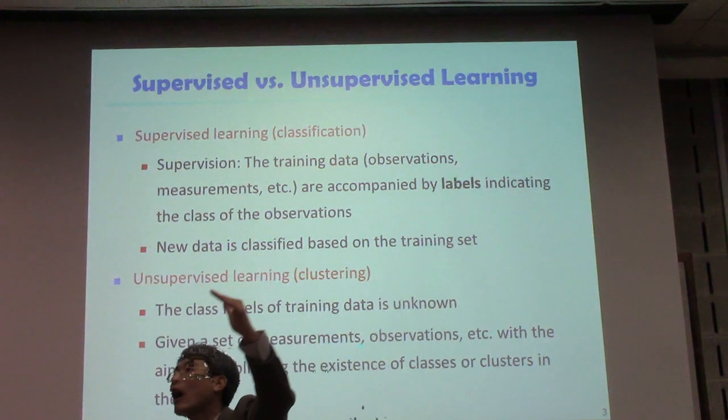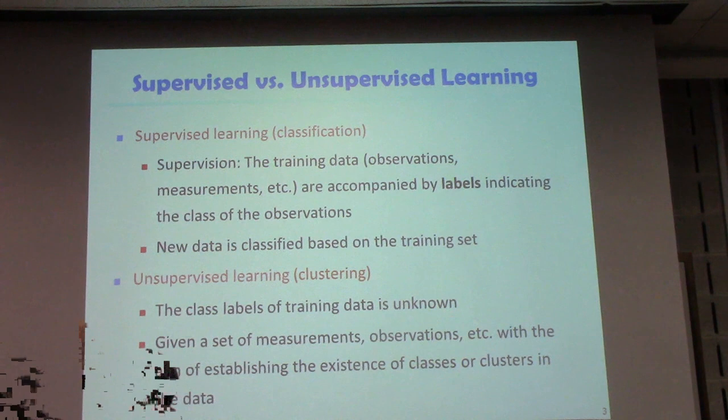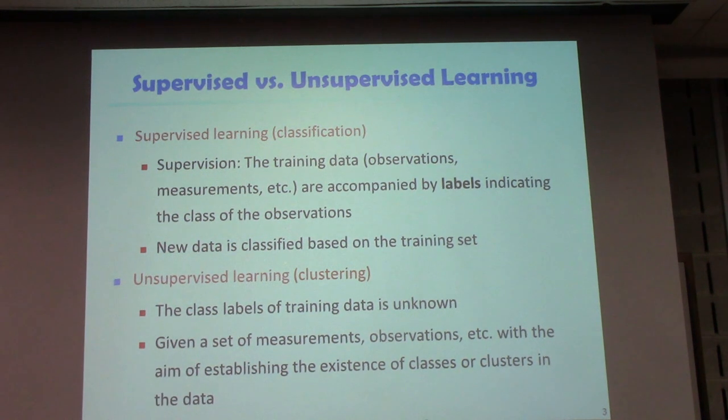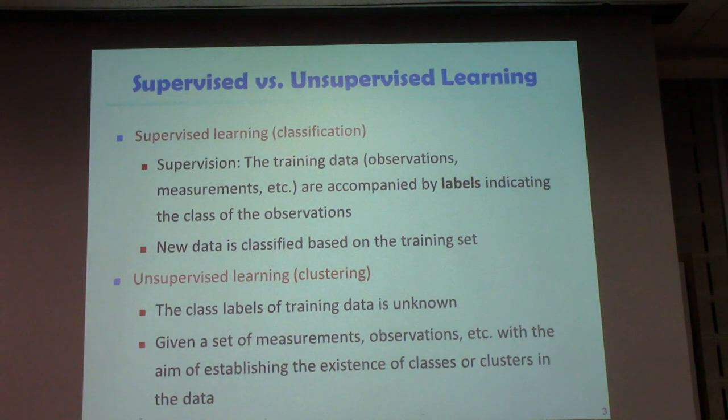We have thousands of such sample data. Okay? Then we train the rule: what is the rule of positive, what is the rule of negative. Then in case there is a new patient, we can predict whether this patient is positive or negative for breast cancer. That is supervised learning. Why?